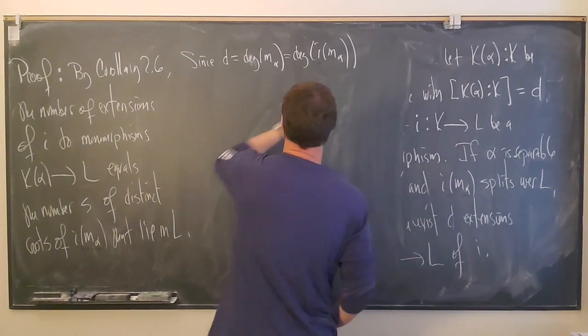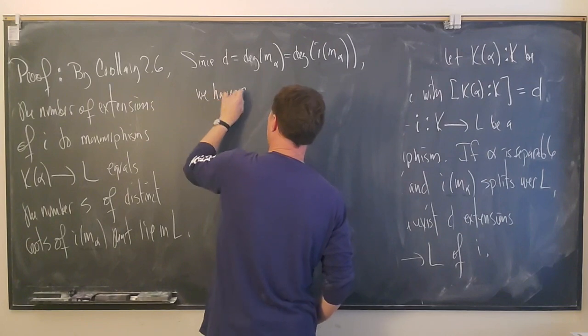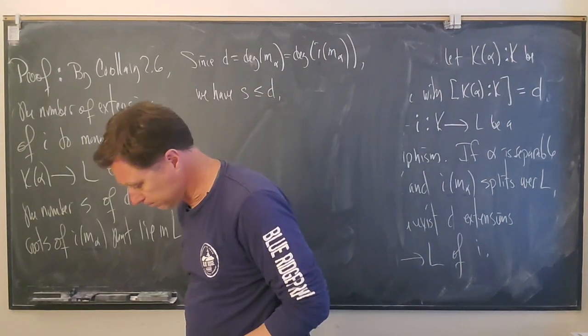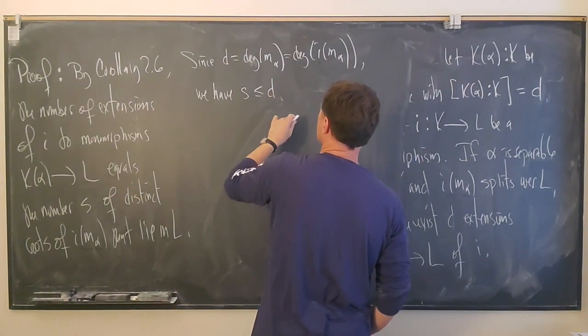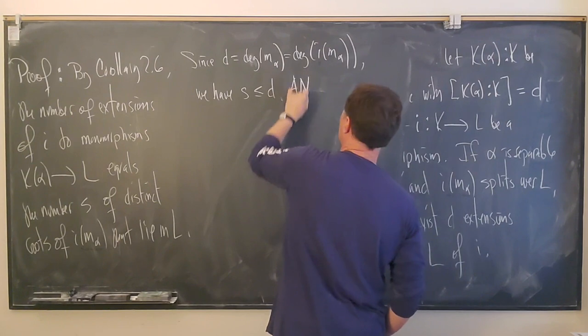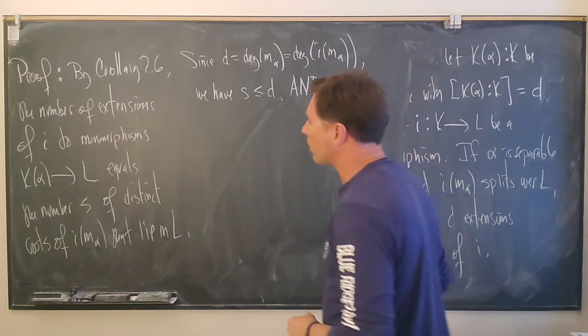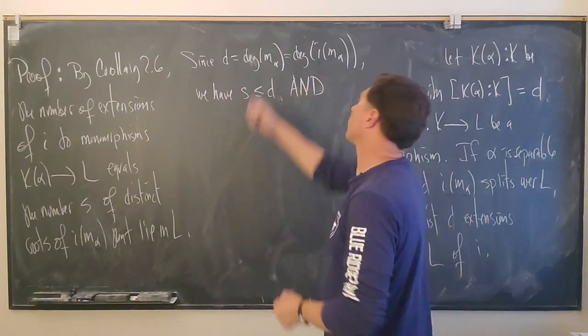We have S less than or equal to D. And, oops, so what are we saying here? The number of distinct roots is bounded by the degree of the polynomial, right?